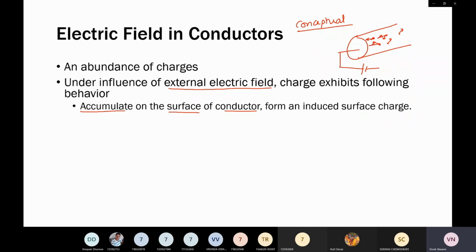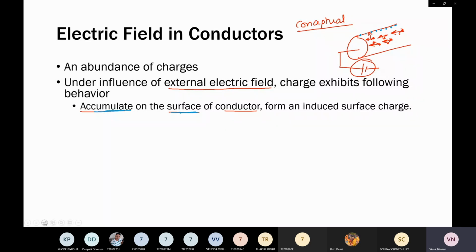Their random behavior is no more observed and they have a certain direction. But while these charges are under the influence of the external field, they first divert towards the surface of the conductor. Meaning all the charges, if we are considering electrons, first accumulate on the surface of the conductor.